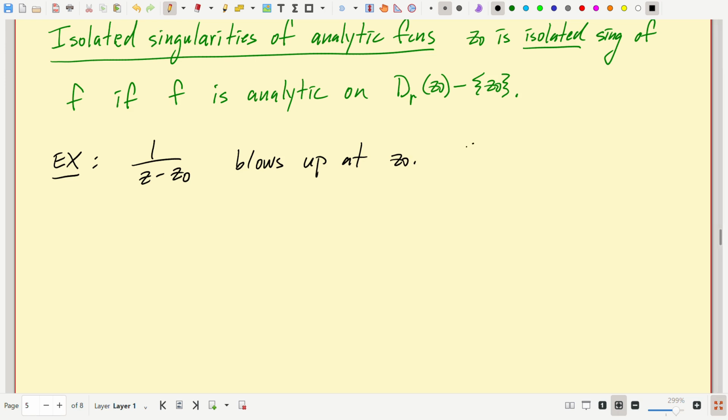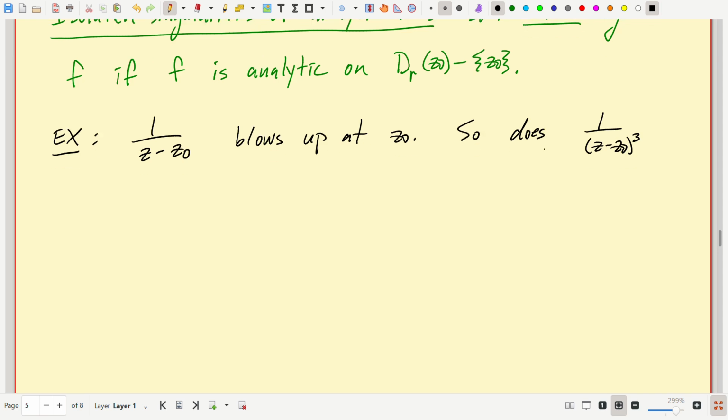And so does 1 over Z minus Z naught cubed. There's a name for that kind of behavior. That's called a pole. So in example A here, this f of z has a pole, if it blows up like that.